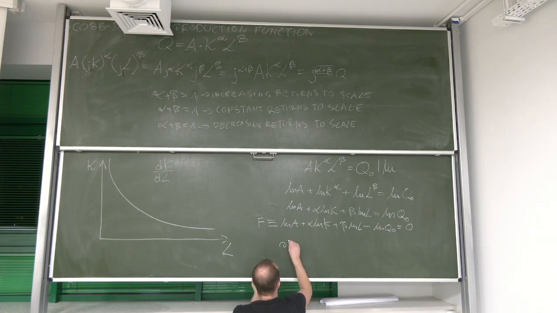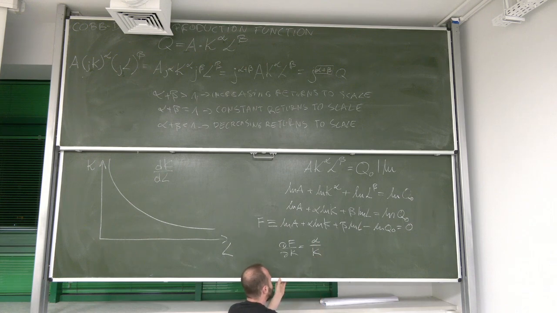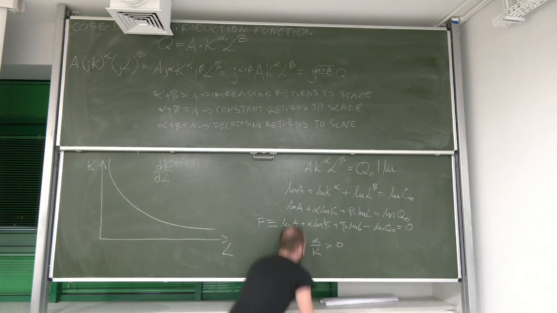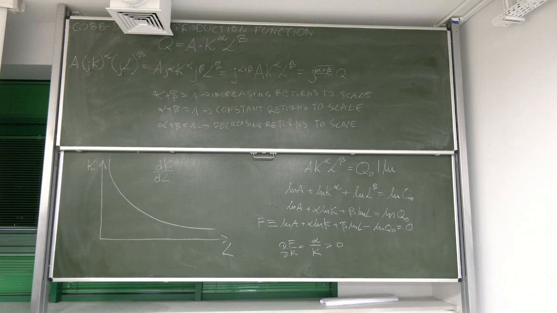So I differentiate f with respect to K, and I'm getting alpha over K. Capital is assumed to be positive. Alpha is positive, usually a fraction, but not necessarily, but definitely a positive number. And we get that this is positive, different than 0. So we can use the implicit function rule.